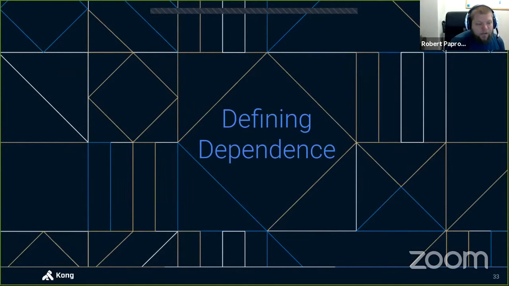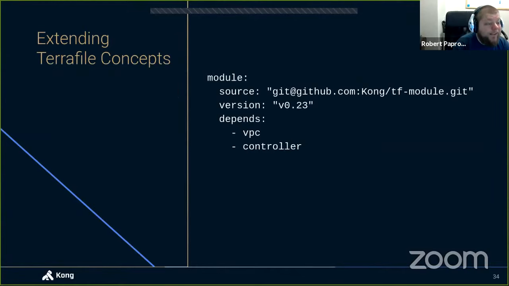Terrafile doesn't have this out of the box, but because it's YAML, we can start to extend this. So in our definitions, we've added in this notion of a dependency of a module. In this case, this is taken from a worker module. So this, again, would deploy an auto-scaling group for Nomad clients.